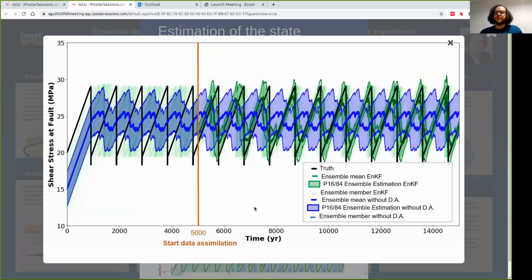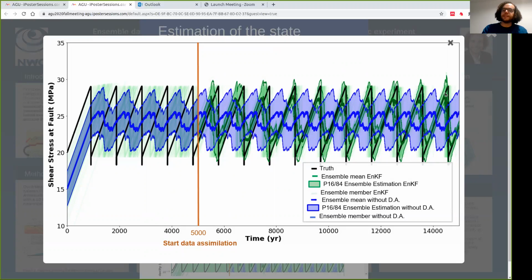In these results, I want to compare what will happen if we don't care at all and we only take into consideration the prior information coming from our numerical model, and contrast it to the case where we are actually looking at the observations from our medium and we produce the estimation with the ensemble Kalman filter, represented by green. The solid blue line is the mean of only using the numerical models, and we again have the percentile 16 and 84, and the greens of using the data assimilation.